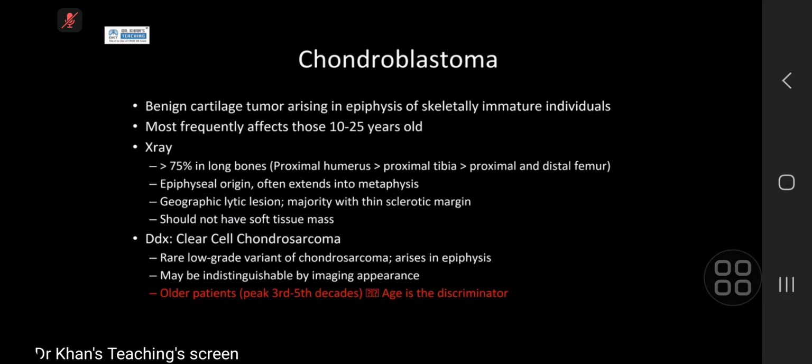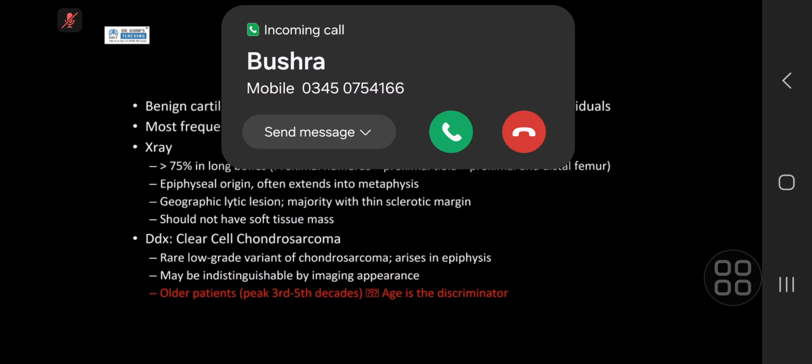Nice description and really good, sensible differential there. So this is a chondroblastoma. They tend to be tumors arising within the epiphysis of skeletally immature patients, and they generally affect the age group between 10 and 25.